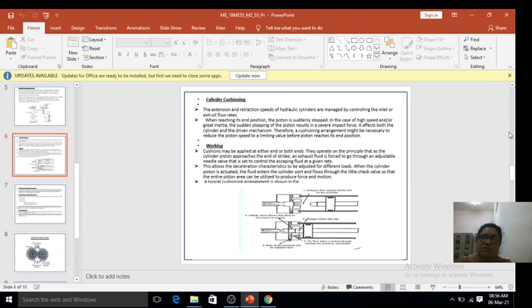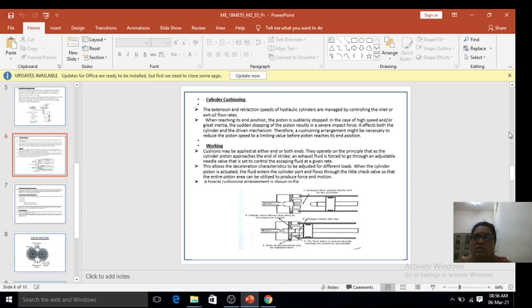Cylinder cushioning. The extension and retraction speeds of hydraulic cylinders are managed by controlling the inlet or outlet flow rates. When reaching its end position, the piston is suddenly stopped in case of high speed and great inertia. The sudden stopping of the piston results in severe impact force which affects both the cylinder and the driven mechanism.